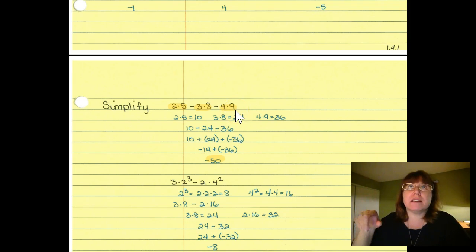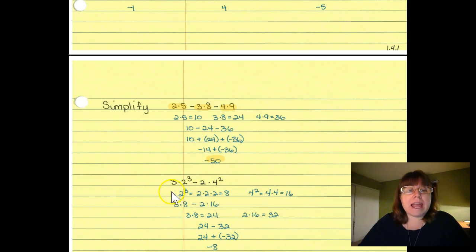That's going to be 468. That is certainly not a negative 50. So unless we follow the order of operations rules, we're not guaranteed to get the correct answer. But if we do follow the order of operations rules, we will get the number that we're expecting.